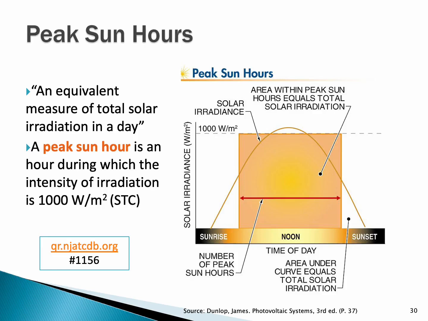Or in the summertime, we could say over 6 hours we have 1,000 watts per meter squared, or 4 hours we have 4 hours of 1,000 watts per meter squared, and it's a cumulative over the course of the day.